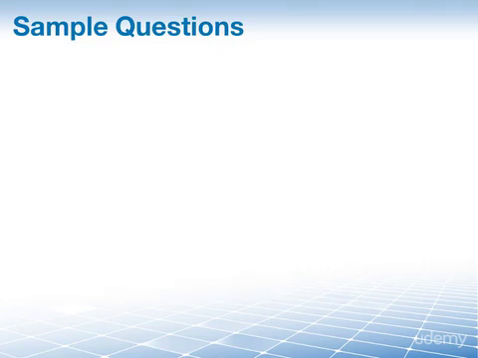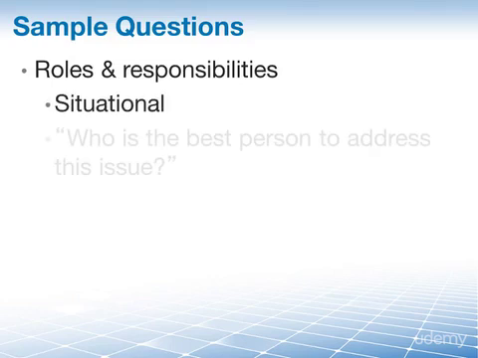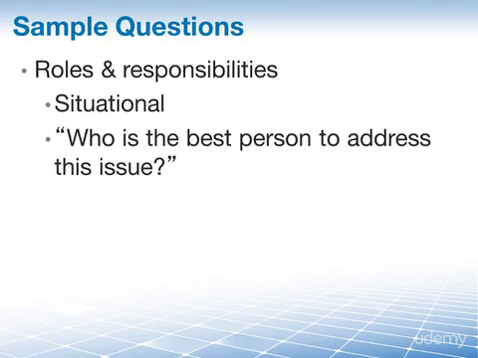And we'll also talk about roles and responsibilities because they're often part of sample test questions. The questions here are usually situational and they ask things like, who is the best person to address a particular issue? And here the only way to find the best answer is by understanding the generally defined roles of project stakeholders.